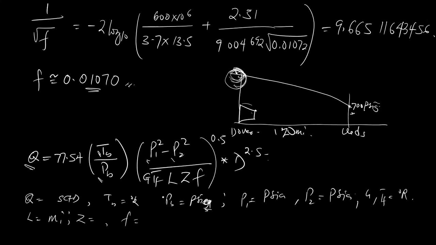This is the downstream pressure in PSIA. Now we also have internal diameter in inches over here. Now let's apply what we just have written down.